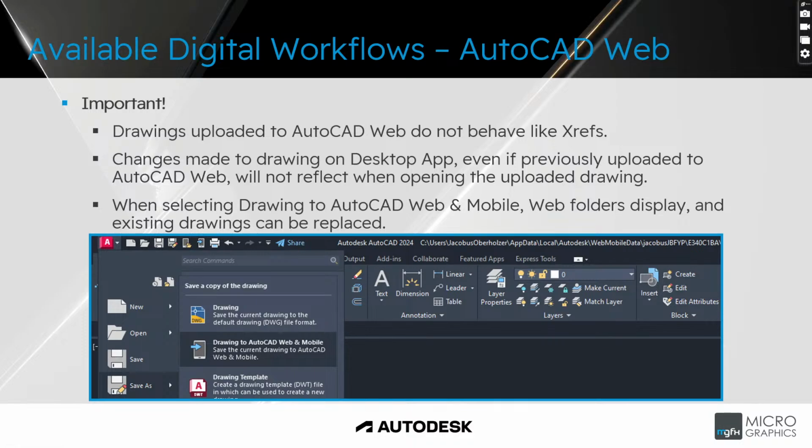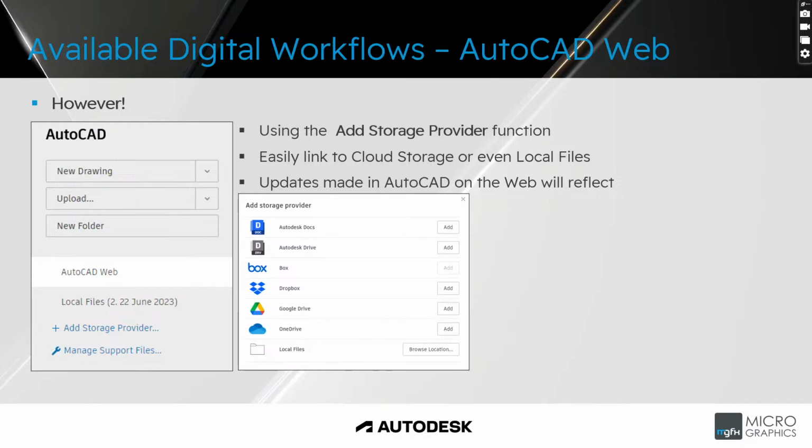However, you can make use of the add storage provider function, which allows you to add, as mentioned before, these cloud-based storage providers, or even a local file, which is really cool. And then that means that updates made on the local file on your desktop will reflect when you open it up on AutoCAD on the web.